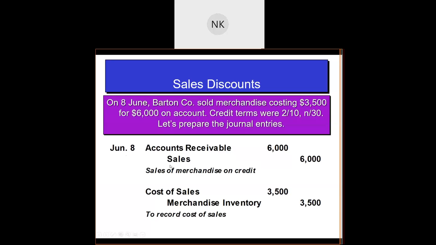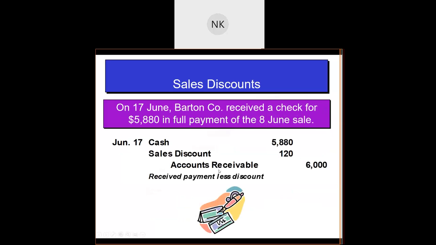So in order to reduce the sales from 6,000 to 5,880 just now, you have to create one account named sales discount, and this will be shown in your profit and loss. When you put revenue or sales at the top, the next line would be minus sales discount. That shows your amount of sales is deducted or reduced by the amount of discount.